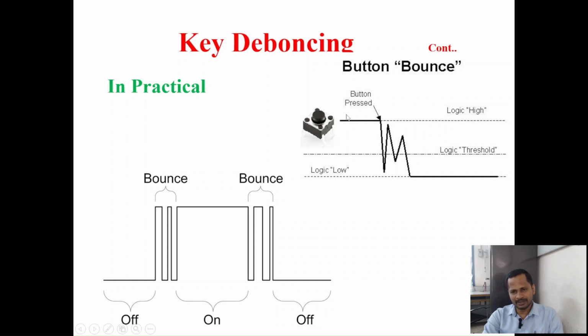If I press the button, in theory it goes to low, but that is not exactly what happens. After pressing the switch, we just release it. Within microseconds, it bounces back to high, again low, again high, and only then does it settle down. The number of bounces depends on the elastic property of that particular material and how you are handling your switch.